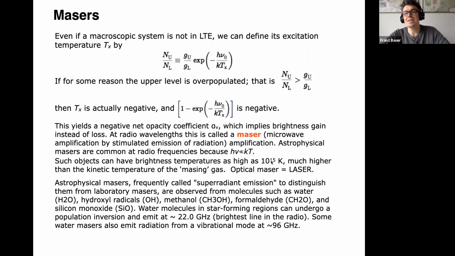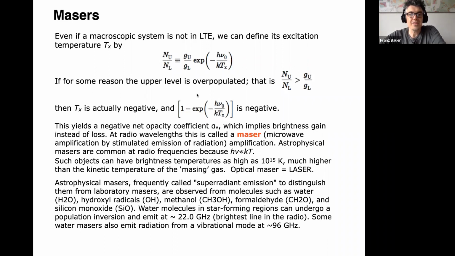You are not going to have a temperature of 10 to the 15 coming from the accretion disk of an AGN. So that's a telltale sign: line emission with a brightness temperature much in excess of what's physically feasible. And the optical version of this is the laser.